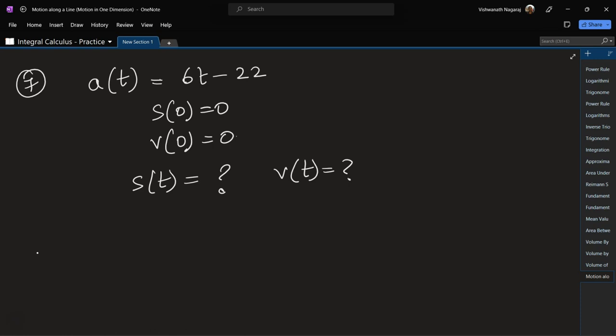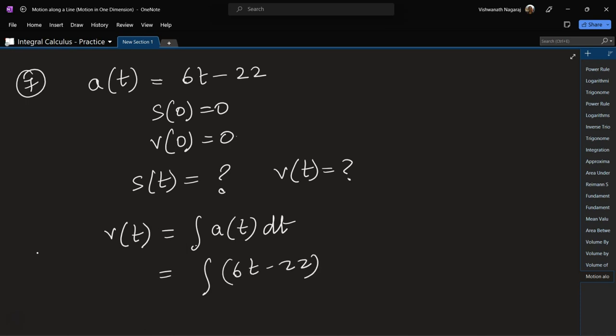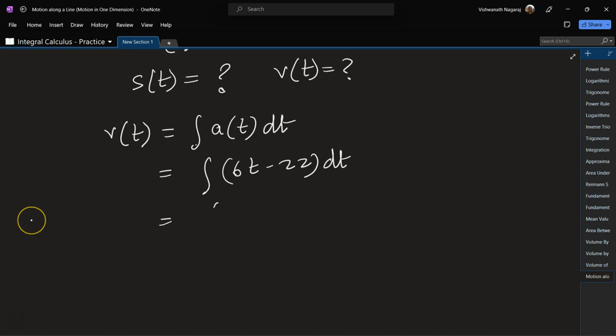So if we integrate a of t, we get v of t. So v of t is equal to the integral of a of t dt, which is equal to the integral of 6t minus 22 dt, which is equal to 6t square by 2 minus 22t plus c.